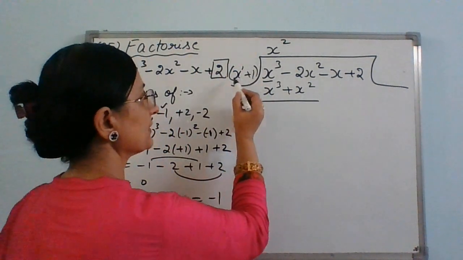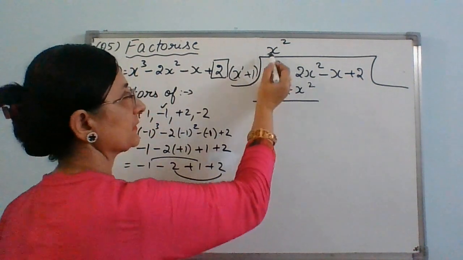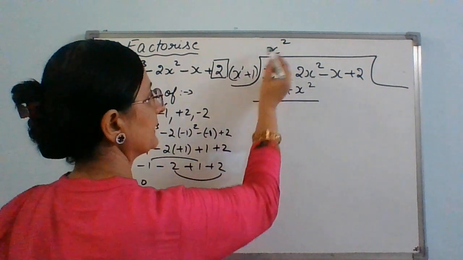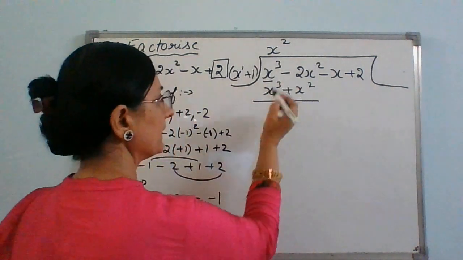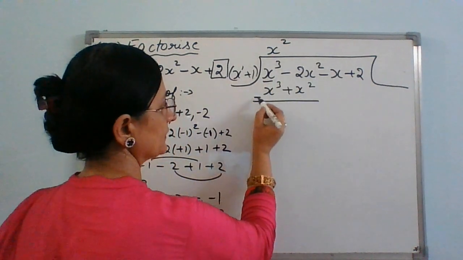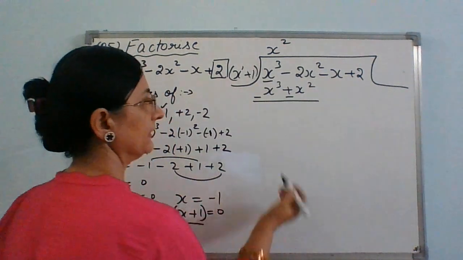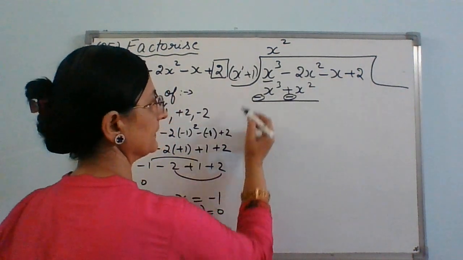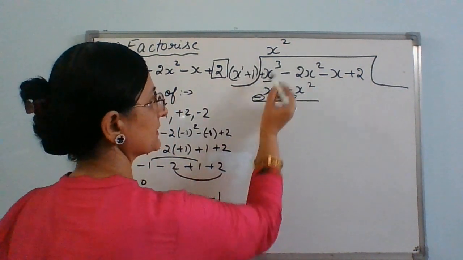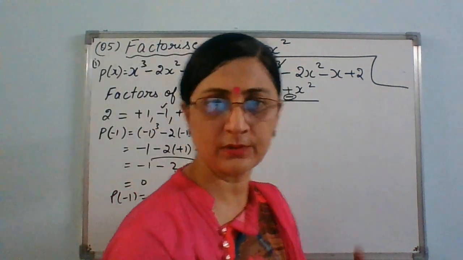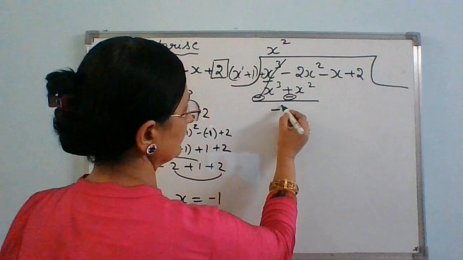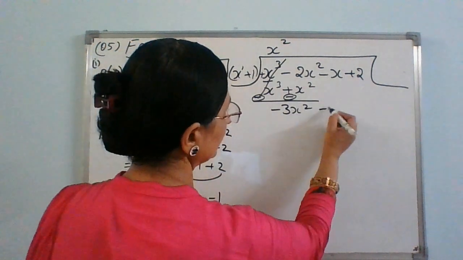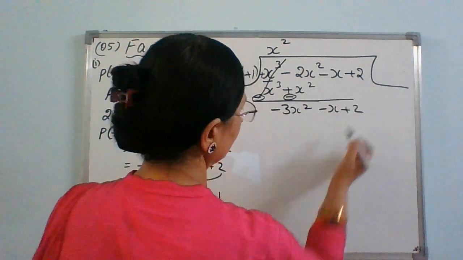If there are 3 terms, you multiply all 3 by this. So this is the result here, x cube and x square. Now change the signs: if it is positive, make it negative; if negative, make it positive. The x cube cancels, and this was our aim. Now here minus 2 and minus 1 is minus 3x square. Note these down here also.